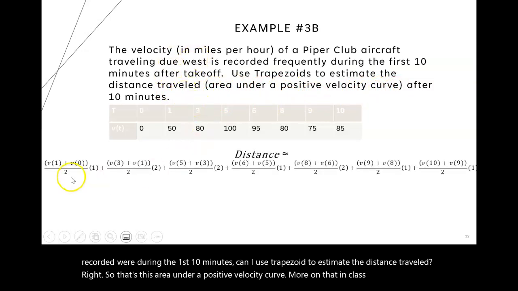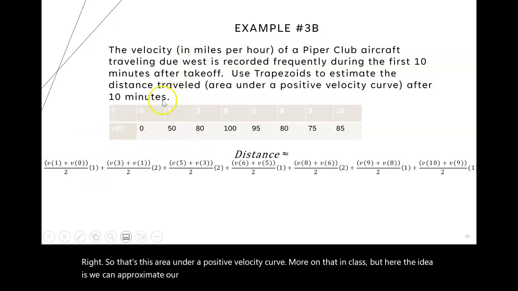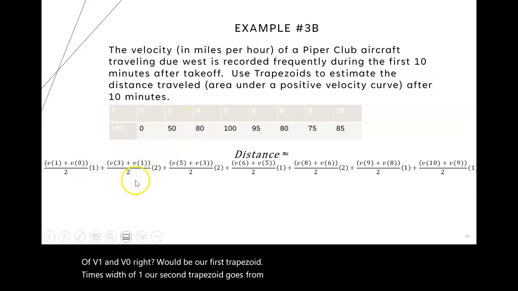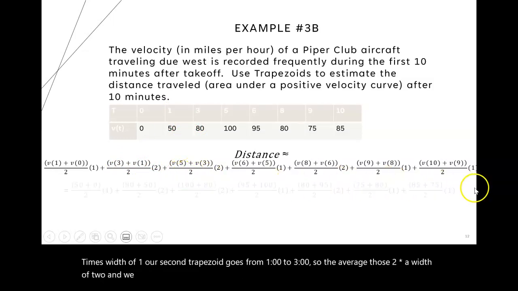But here the idea is we can approximate our distance by finding trapezoids. So we say the average of V1 and V0, right, would be our first trapezoid times a width of 1. Our second trapezoid goes from 1 to 3, so we average those two and multiply by a width of 2, and we continue on to do that.